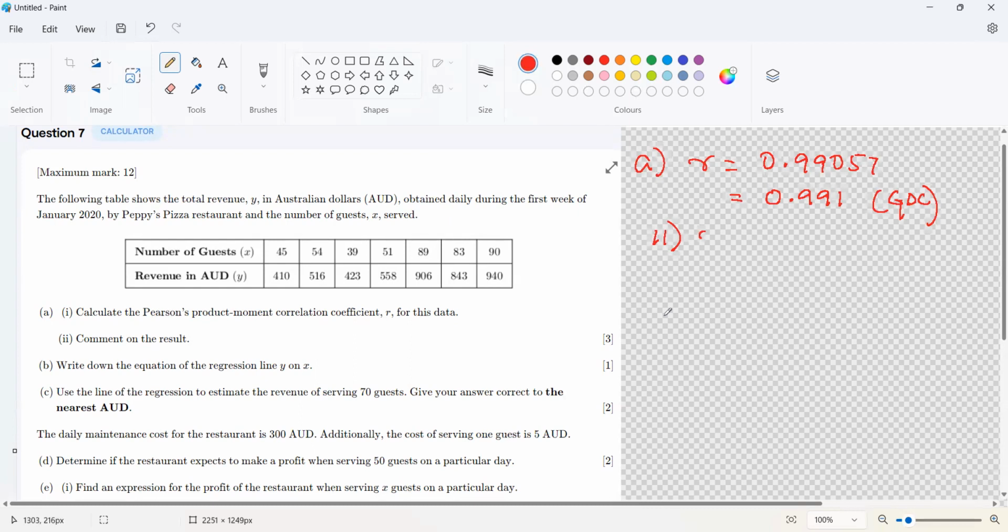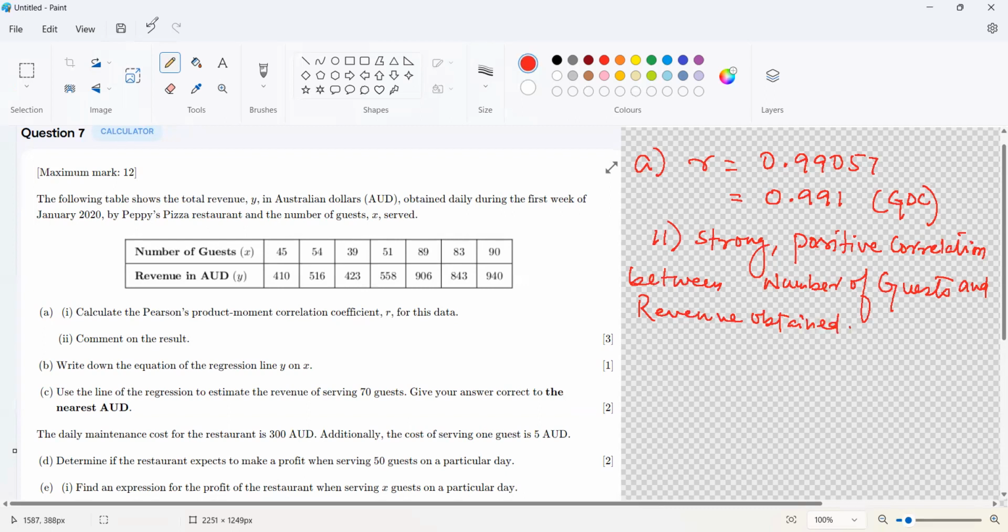It means it is a strong positive correlation between number of guests and revenue obtained, isn't it? So as the number of guests increases, the revenue increases.